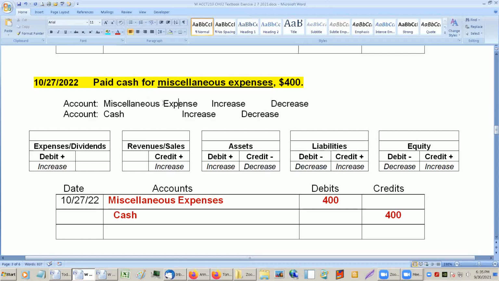Let me do it here. Okay, miscellaneous expense. And again, expenses, debits. They're always increasing.